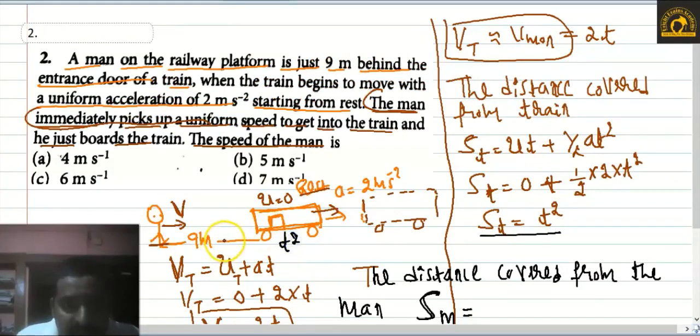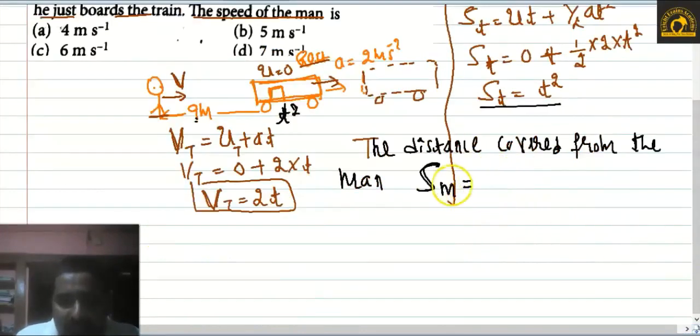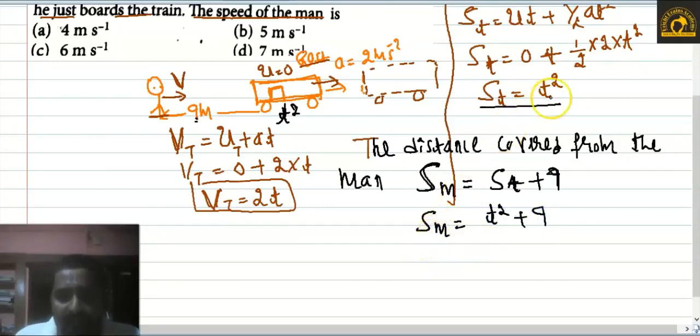The man is behind the train by 9 meters. So the distance covered by the man is 9 meters plus t squared, that is, the distance traveled by the train plus 9 meters. So the distance covered by the man is t squared plus 9.